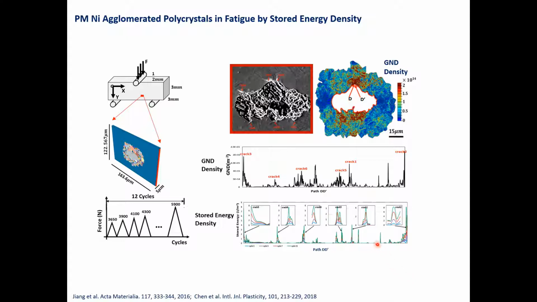There are other locations where there's relatively high stored energy, but it's never as high as that needed to drive the cracks in the other locations. Again, suggesting that there's a critical value of stored energy density which needs to be achieved in order to drive crack nucleation.